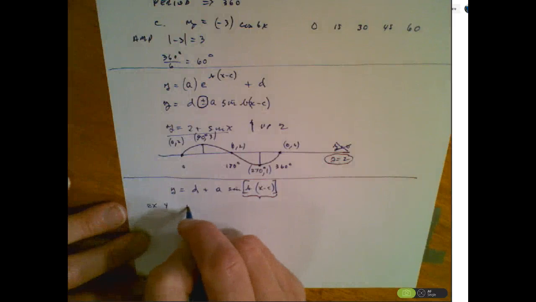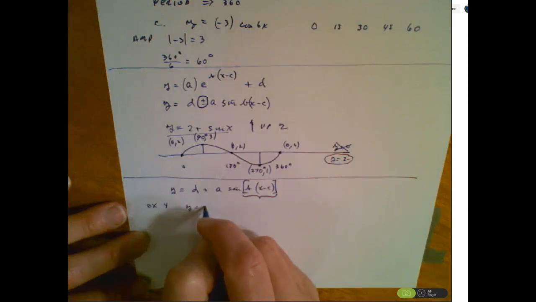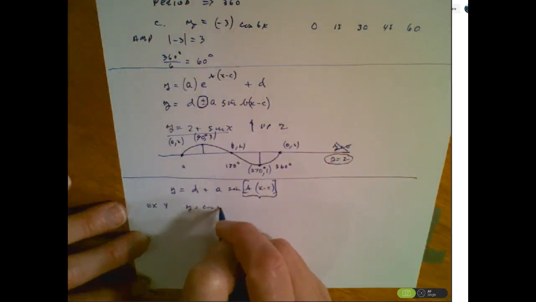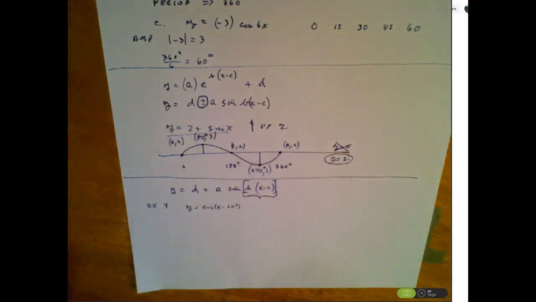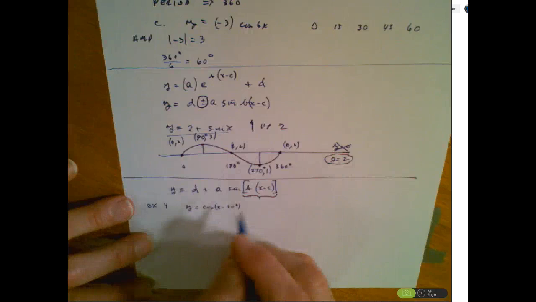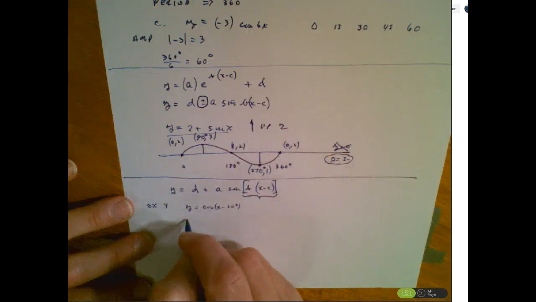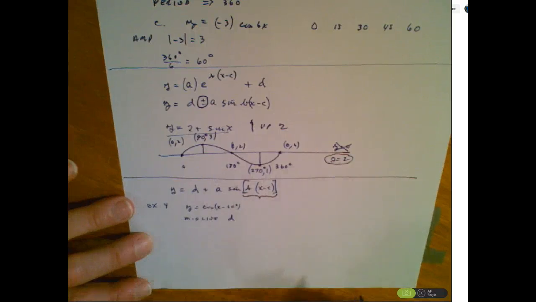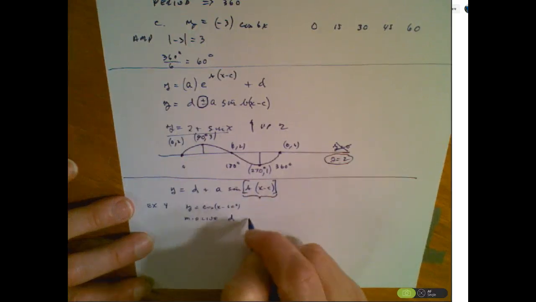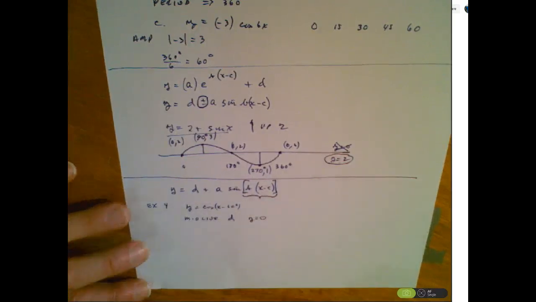Okay, so we're going to use the equation y is equal to cosine of (x minus 60 degrees). Let's identify that one. Not too bad. The midline, which is your D value, is 0, so our midline is the equation y equals 0.